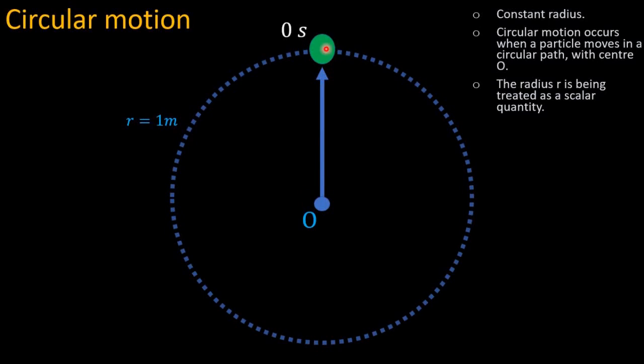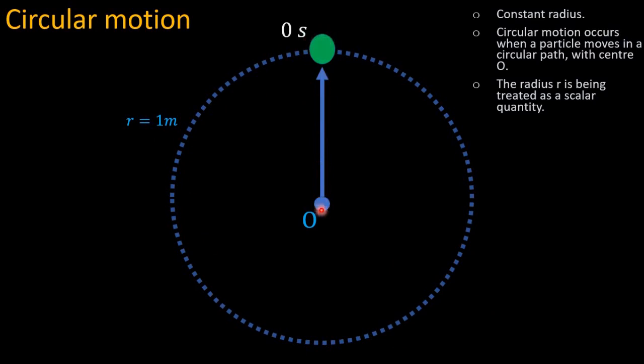So let's say this particle is located at this particular point along this circular path, and that circular path has a radius of 1 meter. Because it's a circular path, the radius is going to stay constant, and the radius is just the distance from the center of the circle to where the particle is now.